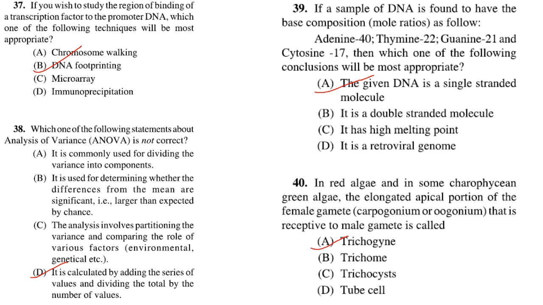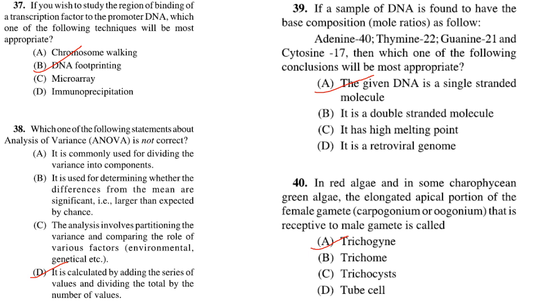Then next one. Which one of the following statements about analysis of variance is not correct? It is commonly used for dividing the variance into components. Yes. It is used for determining whether the differences from the mean are significant, that is larger than expected by chance. Yes.